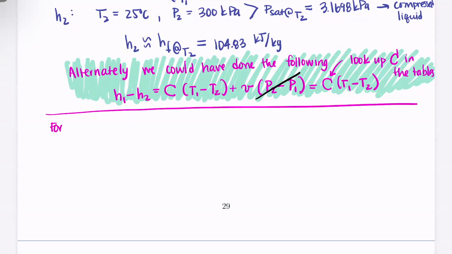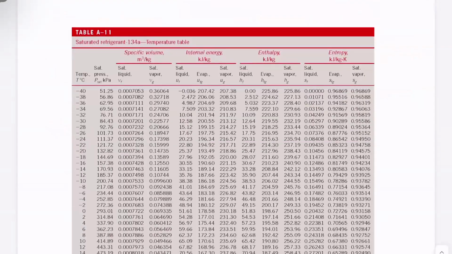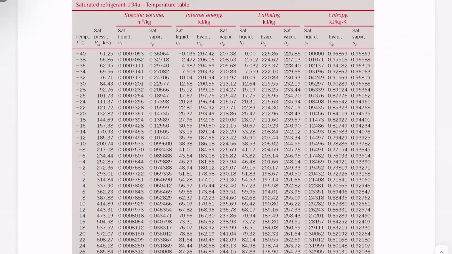So for our 134A, we're gonna do a similar process. So at T3, we have 70 degrees C, and then P3 is 1 MPa, which is 1,000 kPa. So we want to figure out what the saturation pressure is at T3 to figure out what state we're in. So we will go to our saturated R134A table.